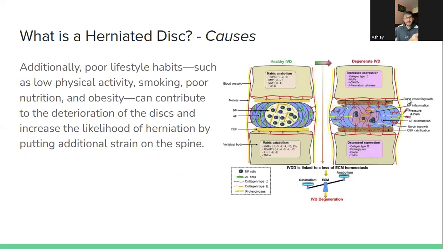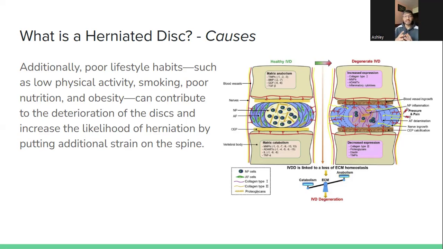This is also what I spoke about, smoking and poor lifestyle habits. These are all expressed through metabolic pathways, which express either catabolic or anabolic pathways, right? Similarly, we spoke about this in our osteoarthritis lecture, where I said that if there's more expression of breakdown, that is what is going to happen, and if there's more expression of building, that's what is going to happen.